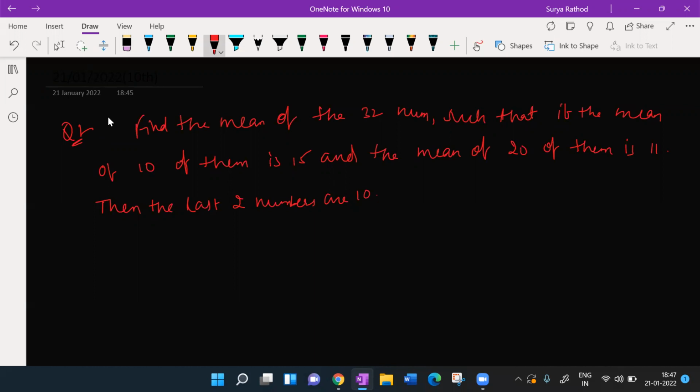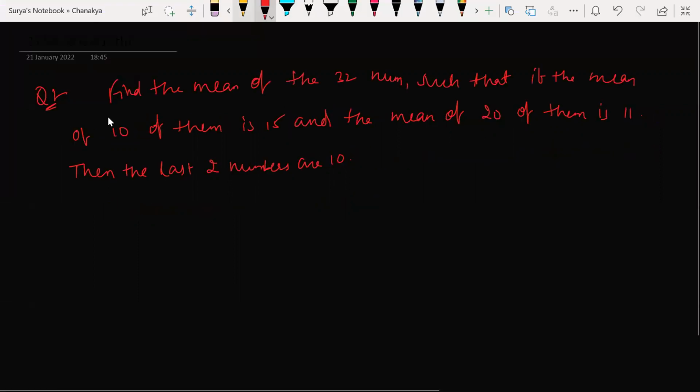Find the mean of 32 numbers such that if the mean of 10 of them is 15 and the mean of 20 of them is 11, then the last two numbers are 10. Okay, find out this. So I got 12. Answer I got 12.